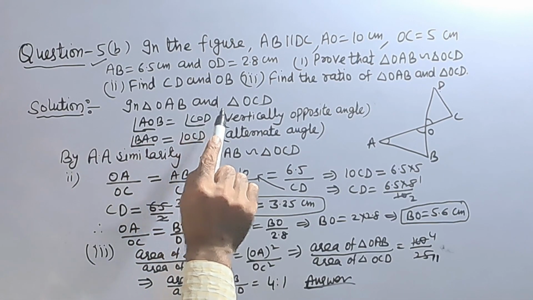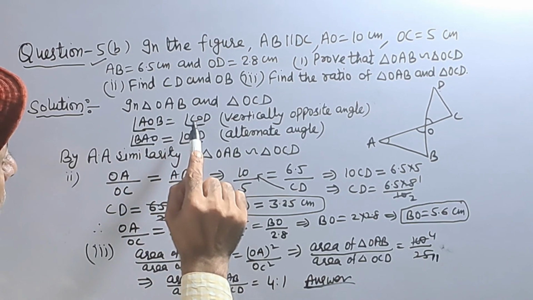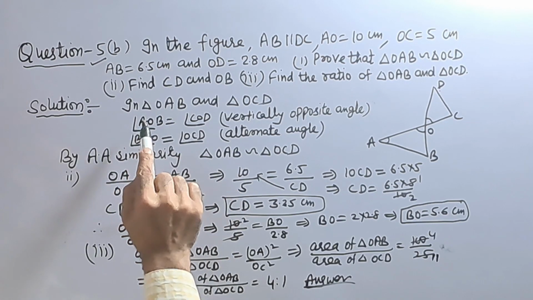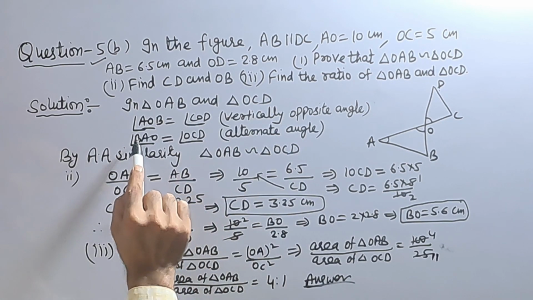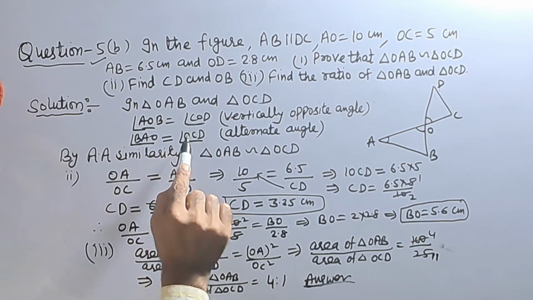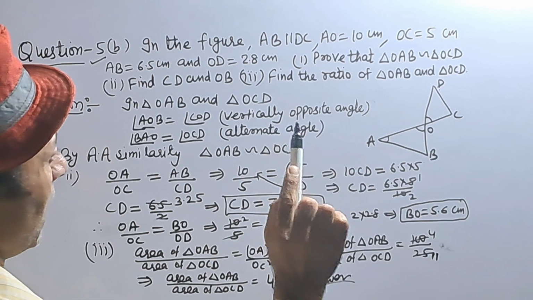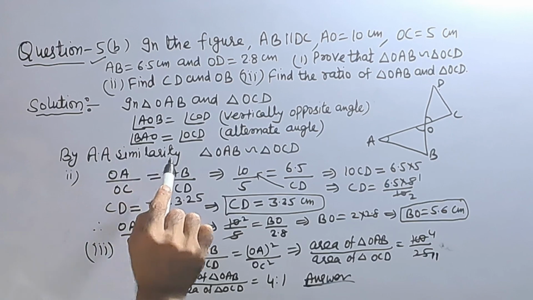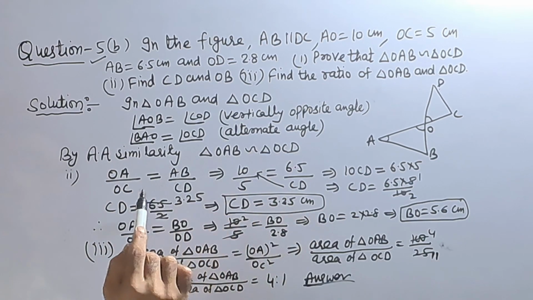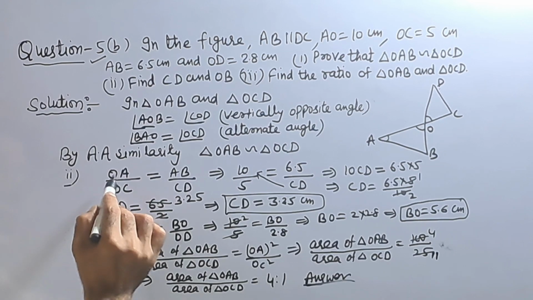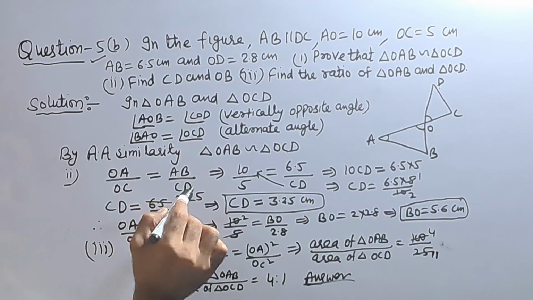In triangle OAB and triangle OCD, angle AOB is equal to angle COD, vertically opposite, and angle BAO is equal to angle OCD, that is alternate angle. By angle similarity, triangle OAB is similar to triangle OCD. And second part, OA upon OC is equal to AB upon CD.